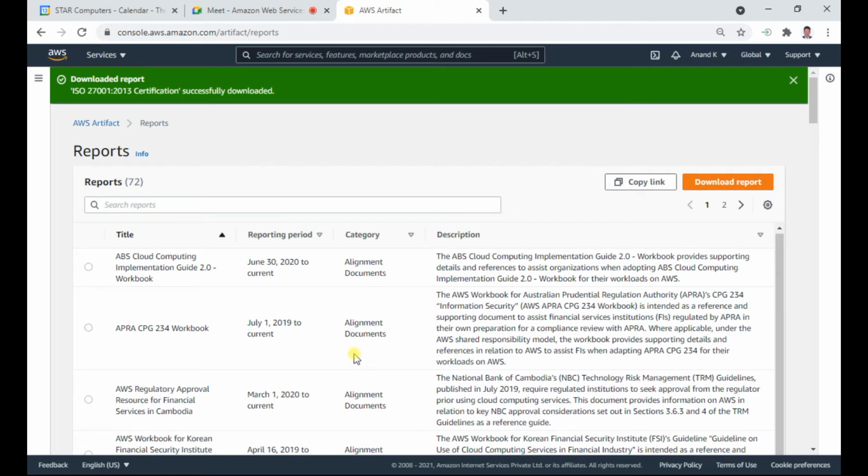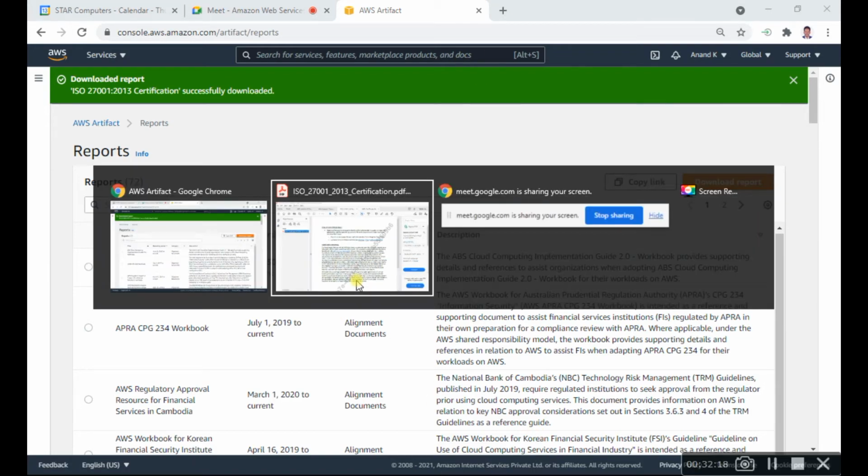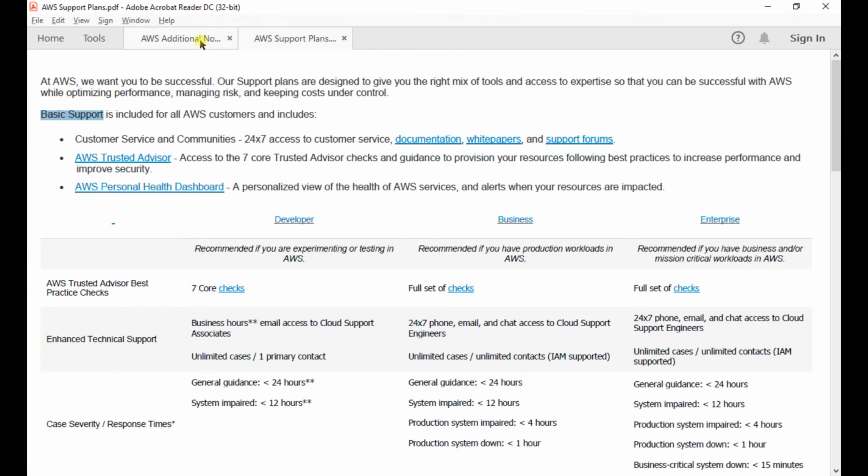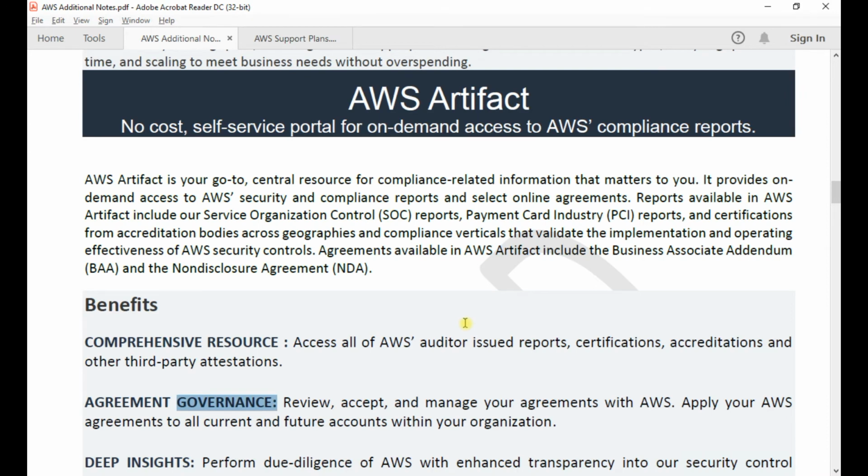This will be very helpful for the quality team or risk team who will be doing all these things. But you should know that there is a concept called Artifact. As I told you clearly, the customer is very worried about security, about all the resources. So you have to give him awareness that this is what Amazon cloud computing is following, and for that we are going through all these things.